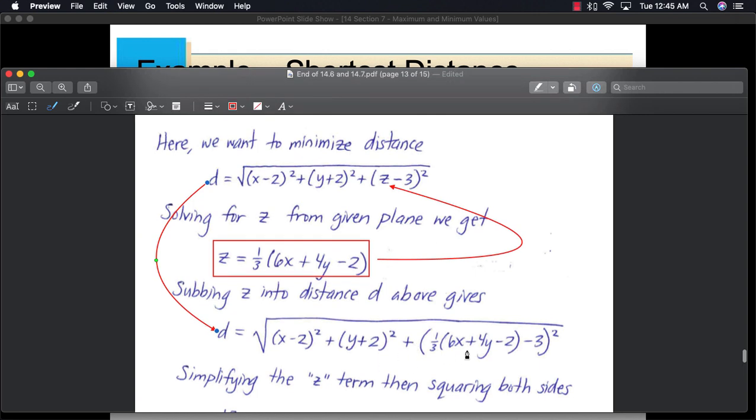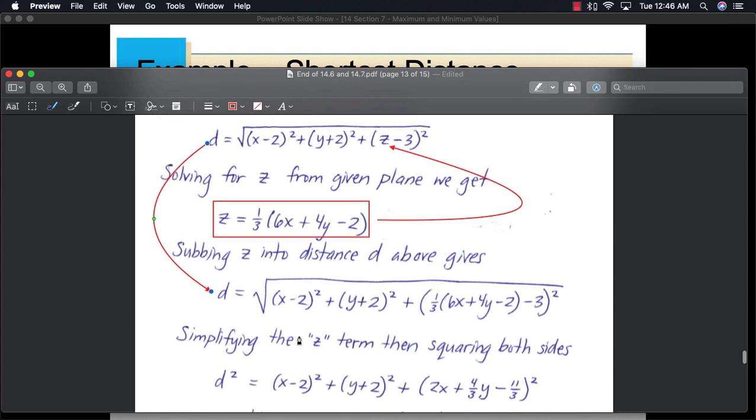But of course, what I want to do is simplify this z term to clean it up a little bit. But I want to tell you a little trick also. Now, hopefully you learned this from Calc 1. This square root here does kind of complicate things when we take derivatives. So what I propose you do instead is go ahead and square both sides. And we end up getting this.